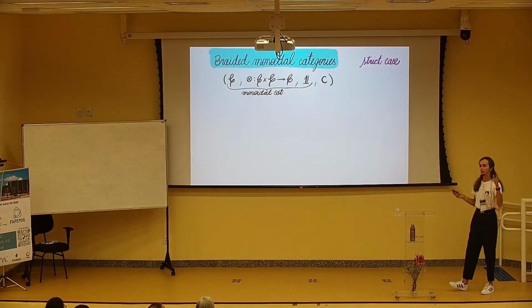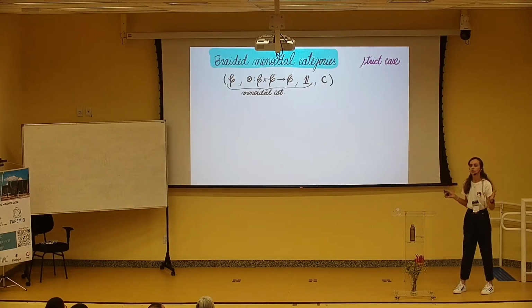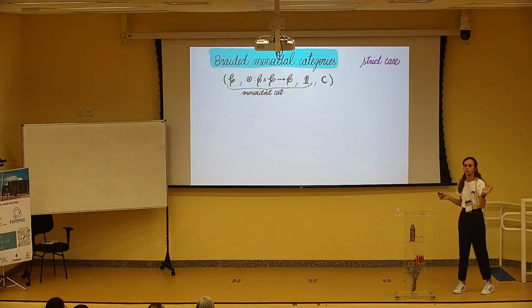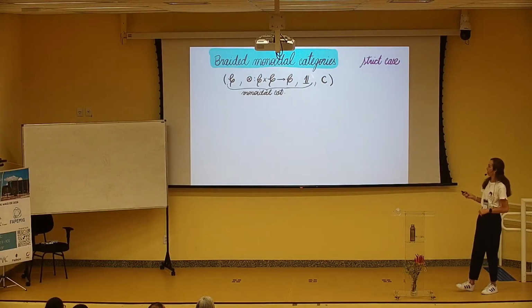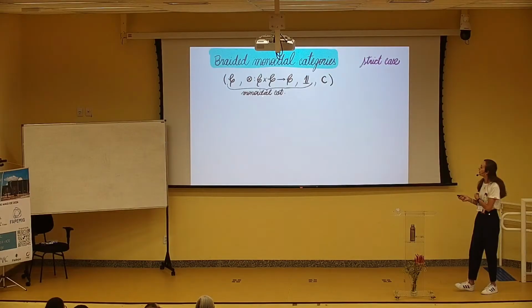The associativity of the tensor product is just the identity, and the unit as well. Okay, so it's much easier to make computations without these associators and unitors. So I'm picking the strict case just to be easy to present, but you can do it in general if you want. So I have a monoidal category, and then I have this extra piece that is a braiding.